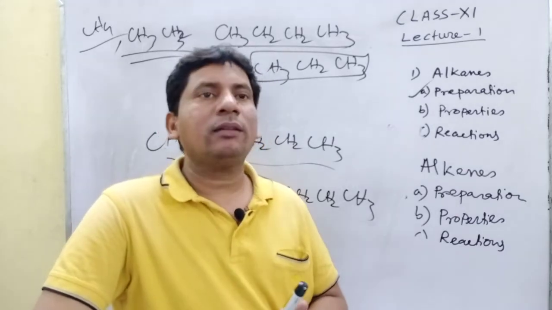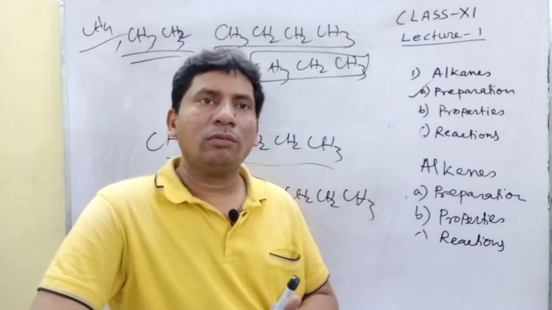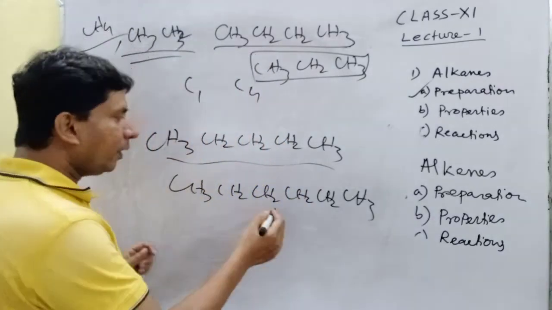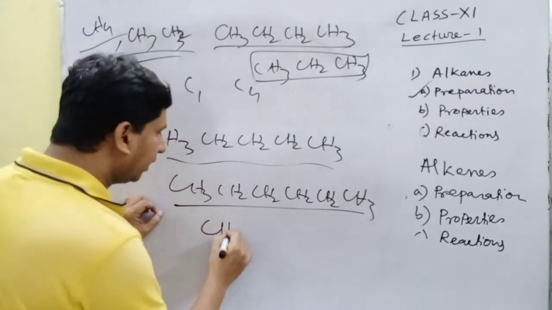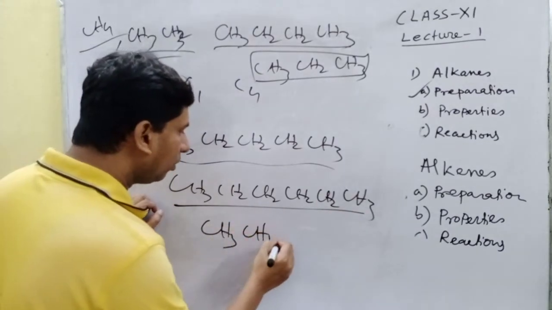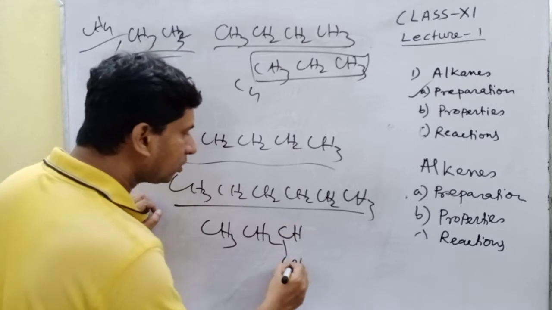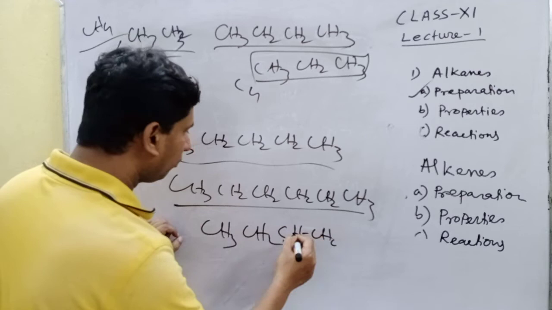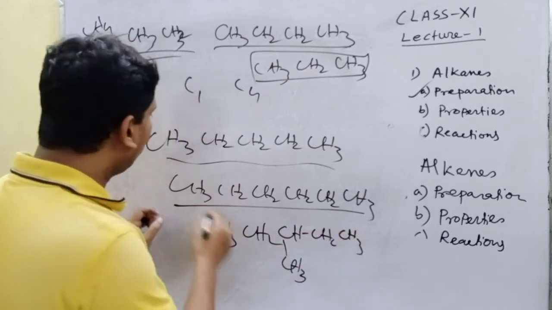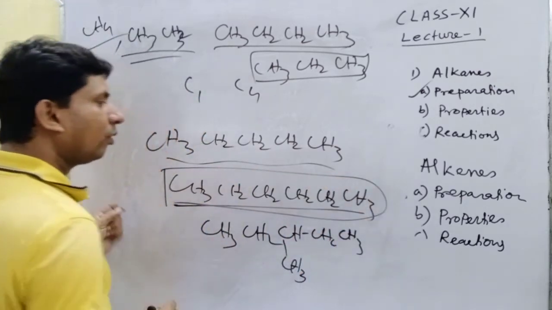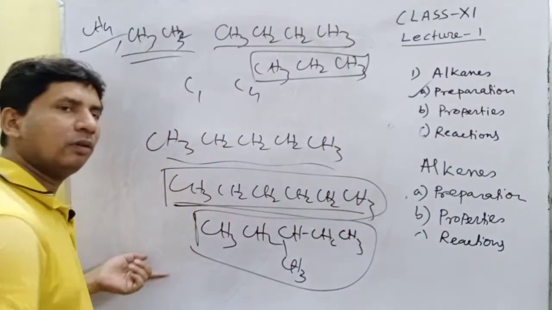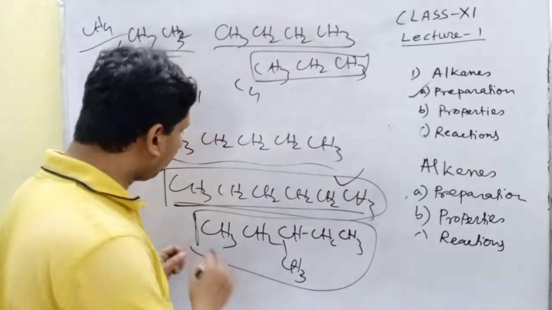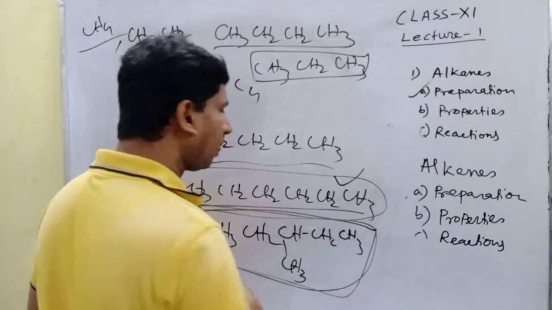For the same alkane, the boiling point also decreases with branching. If we take CH3, CH2, CH, CH3, CH2, with 1, 2, 3, 4, 5 carbons, now this is a 6 member compound, and the straight chain is also a 6 member compound, but the straight one has the higher boiling point because this one has a branch chain.